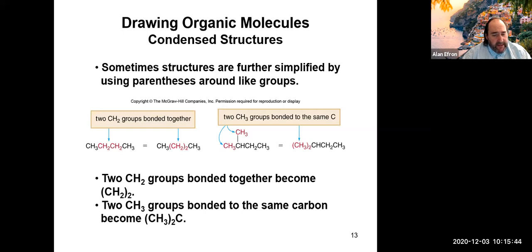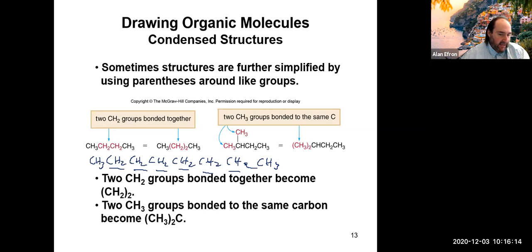Sometimes you get into some organic molecules which have a very long chain, and sometimes you get a lot of repeated units. So you have CH2, CH2, CH2, CH2, CH2, CH2, CH3. And sometimes people will use shorthands and go, okay, I got 1, 2, 3, 4, 5, 6 repeating units of CH2.